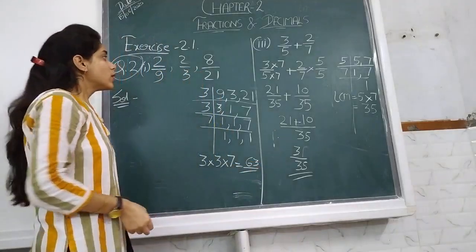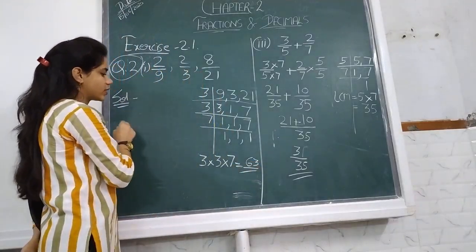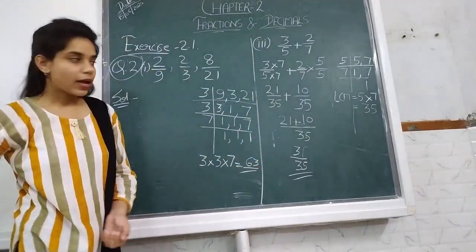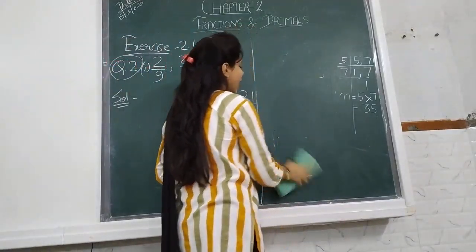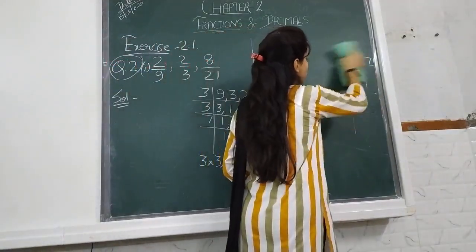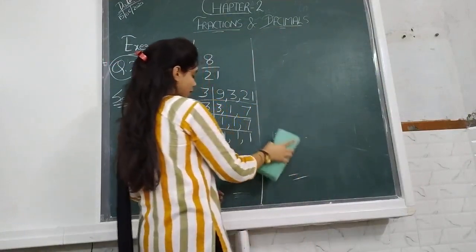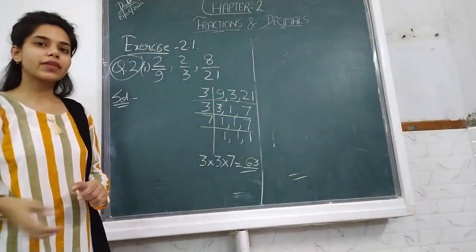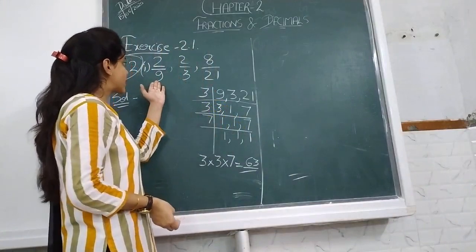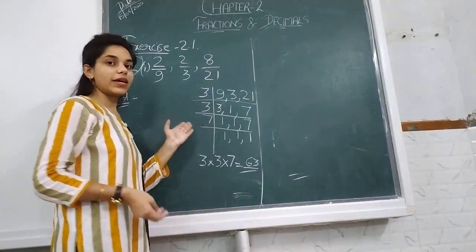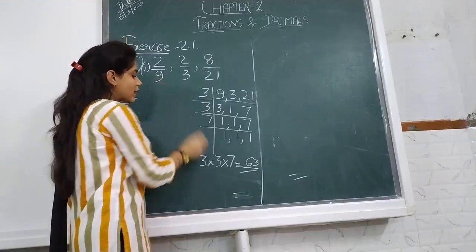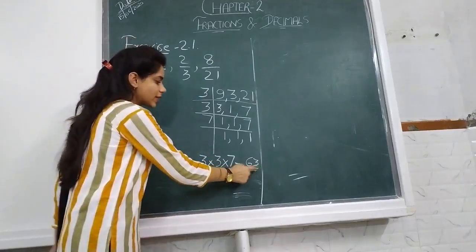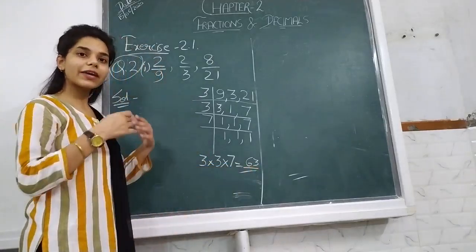So take this fraction. 9 sevens are 63. So we can multiply by 7 to get 63 because we have to make the like fractions.